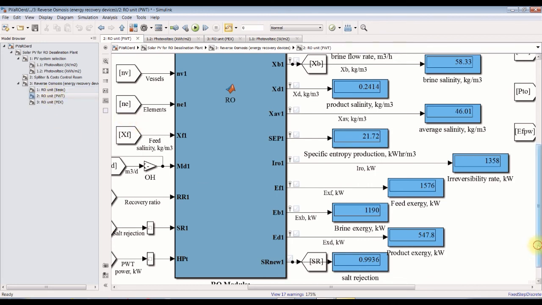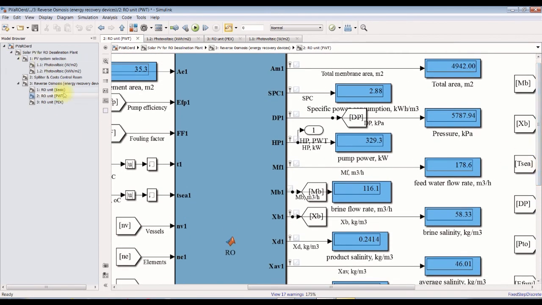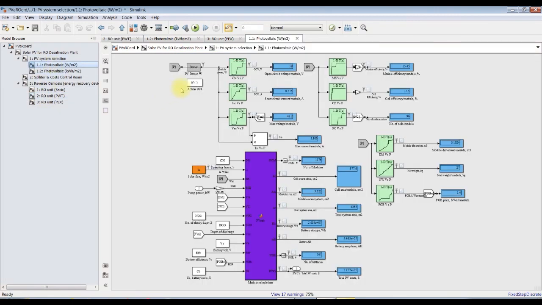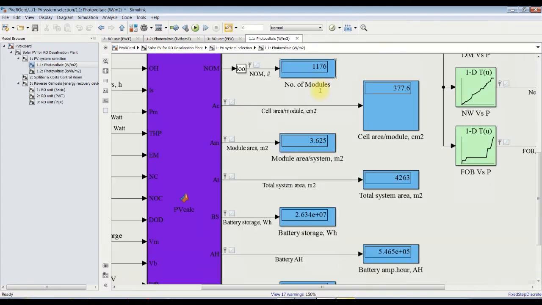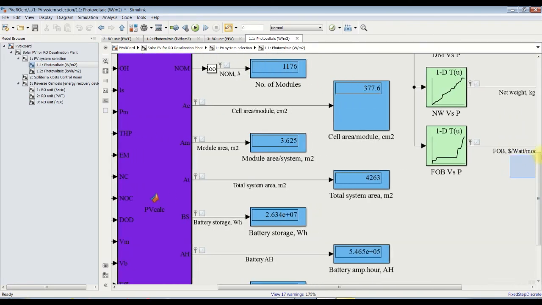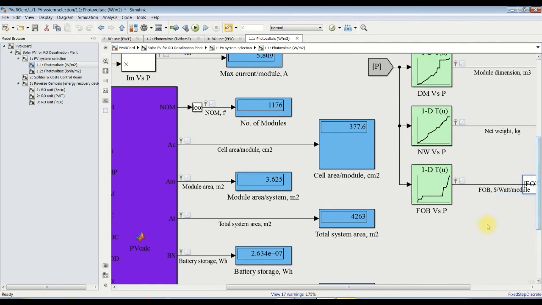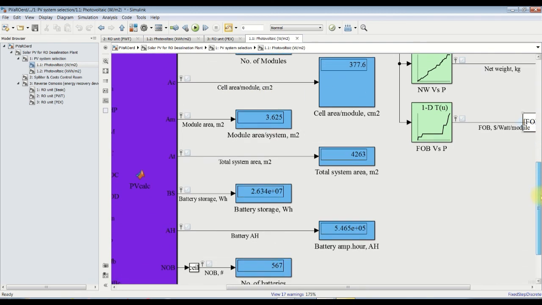Let's change some parameters. For photovoltaic, let's discover what is going on here. For 300 kilowatt we need 1136 modules with cell area 377 centimeters square.